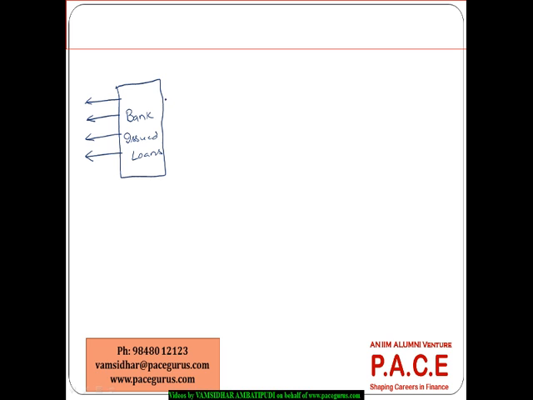Now this bank has sold all these assets to an SPV. Now this SPV might have been created by the bank itself. The assets are removed from the balance sheet, and are transferred to this SPV.